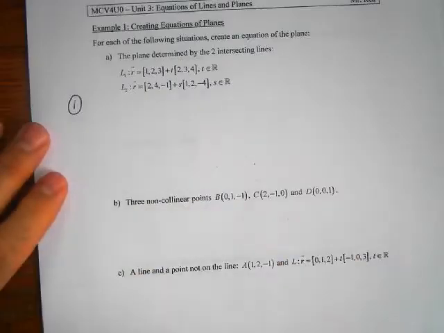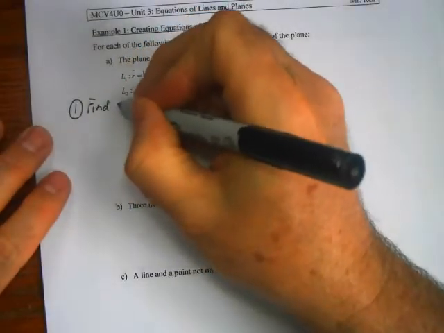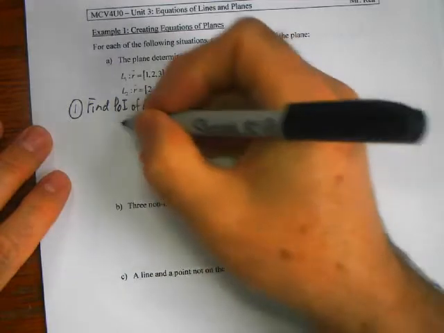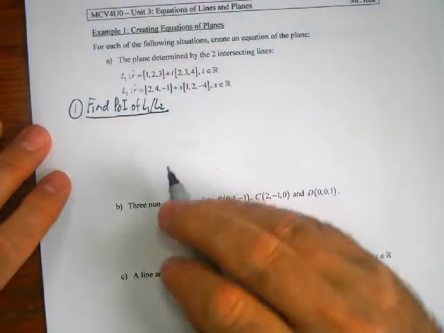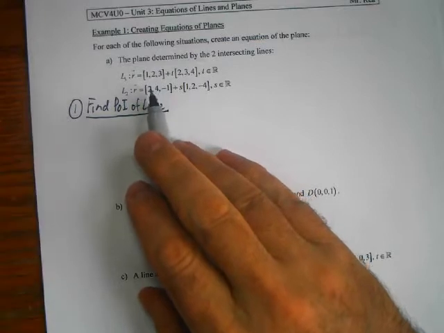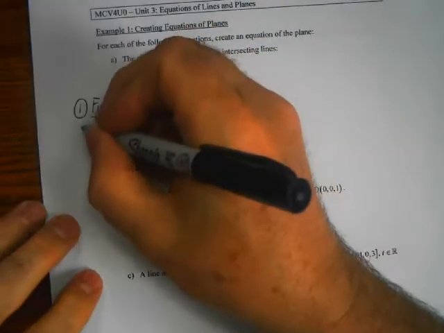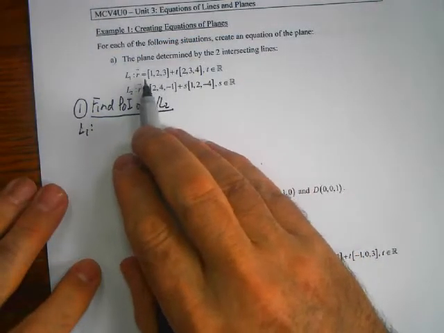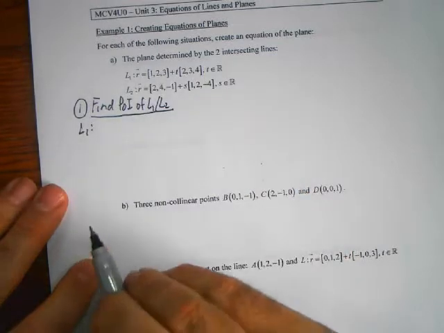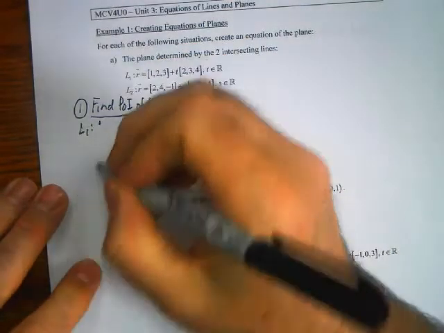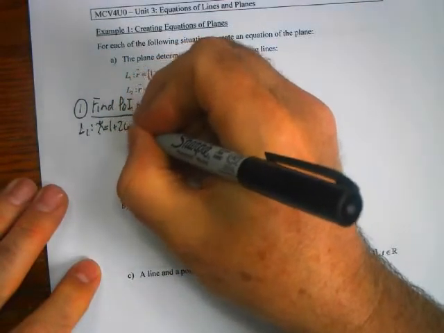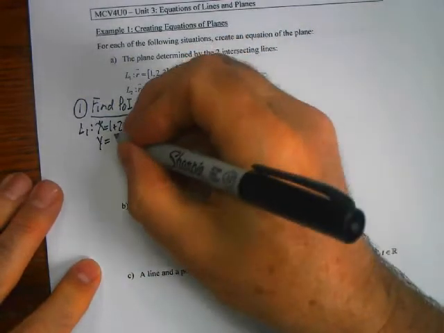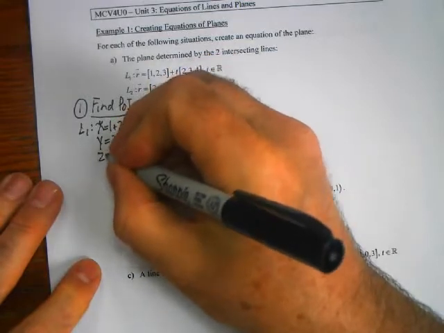So, find the point of intersection of L1 and L2. What we're going to do is use the parametric equations for each line. For line 1, x equals 1 plus 2t, y equals 2 plus 3t, and z equals 3 plus 4t.